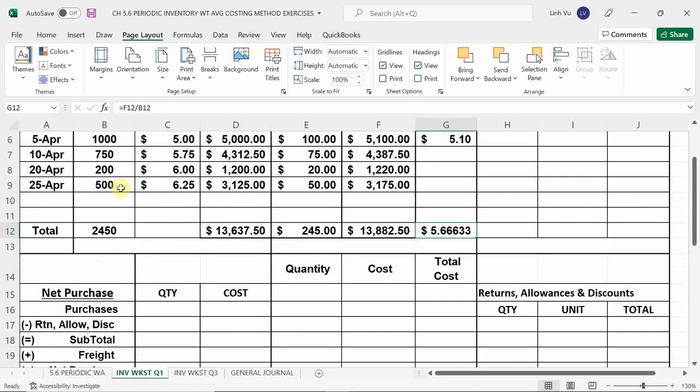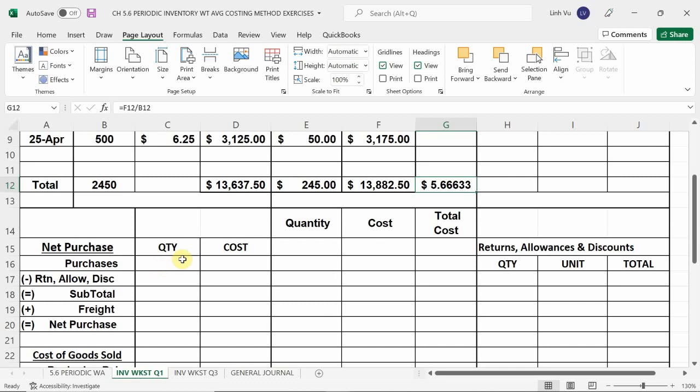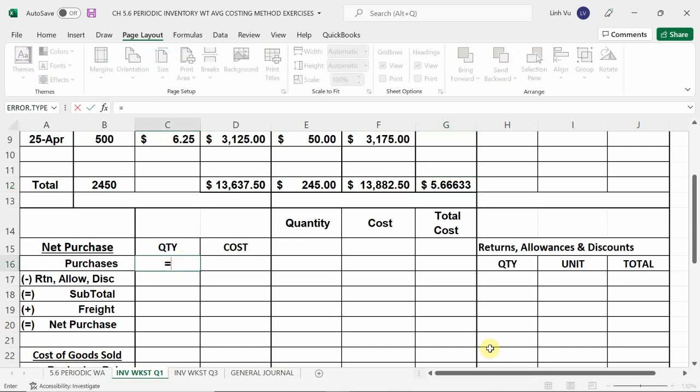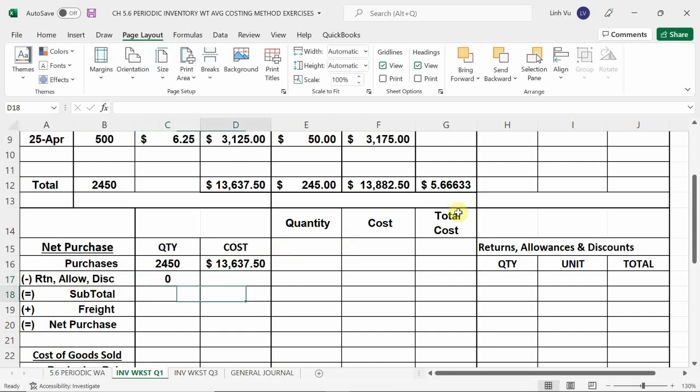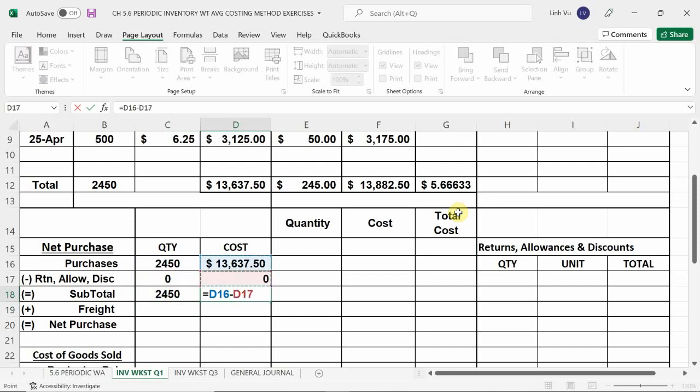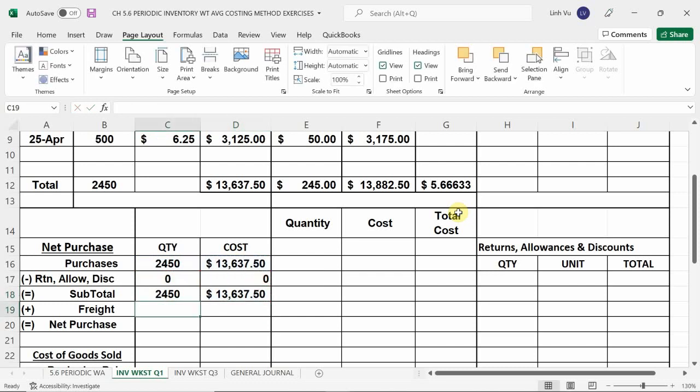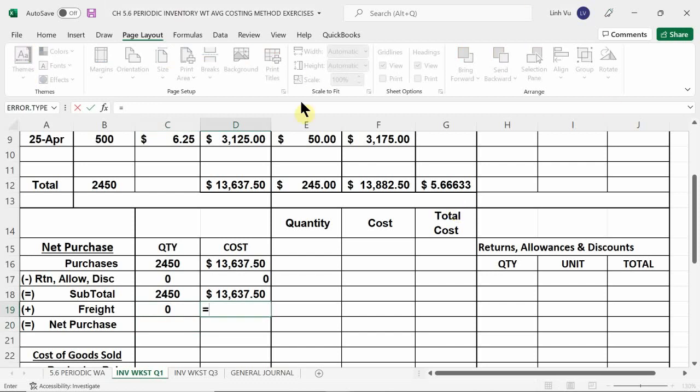So in this case, now that I have this right here, let's go ahead and plug in our numbers. So we know that we purchased 2,450 units at this, right? Our first assumption is we don't have any returns or allowances. So if I subtract 0, that's just going to give me my same answer. Freight adds no value to quantity, but it does add to cost.